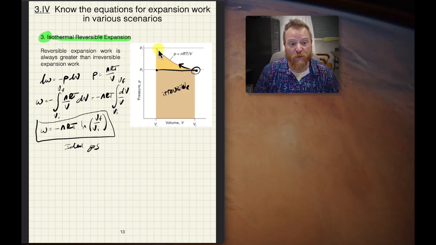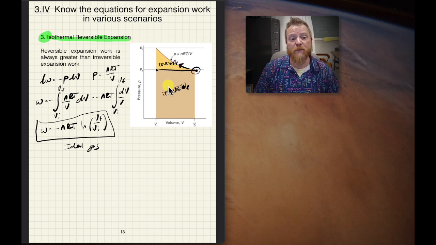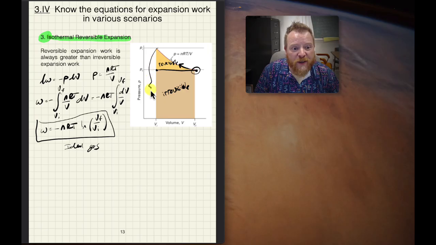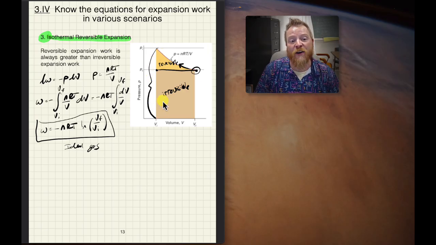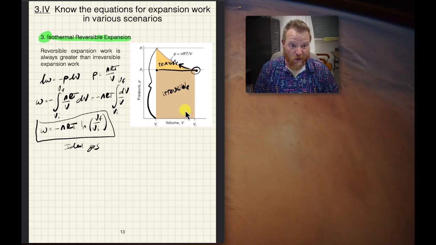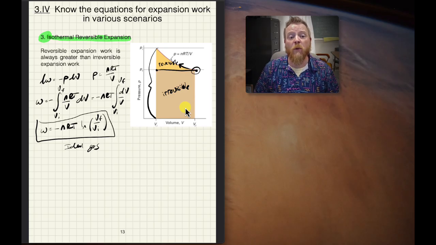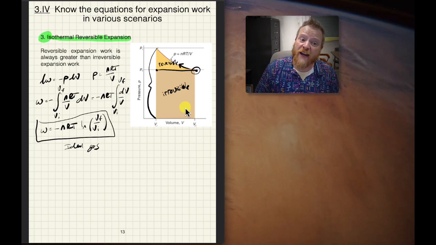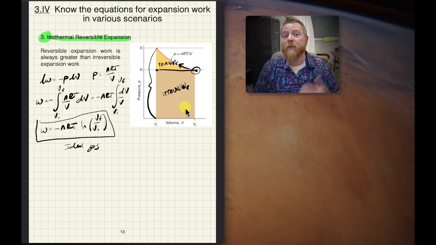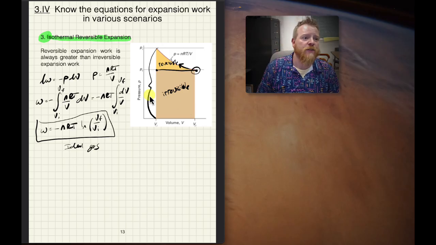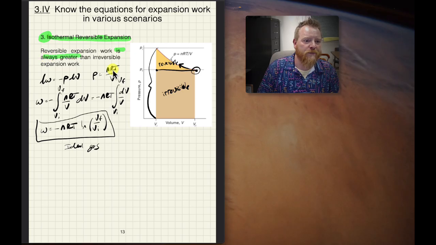So now the region under this curve right here represents my reversible work. But what's important to note is that it also contains all of this area under the curve as well. So the reversible work not only contains the work that had to be done irreversibly, but the work that's done reversibly. So what follows is that reversible expansion work is always greater than irreversible expansion work.